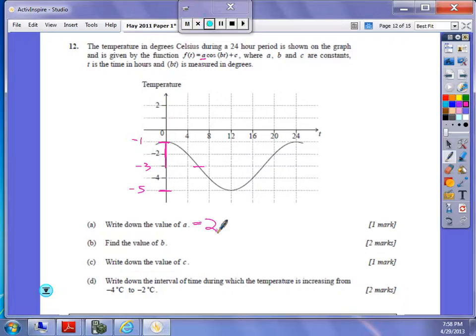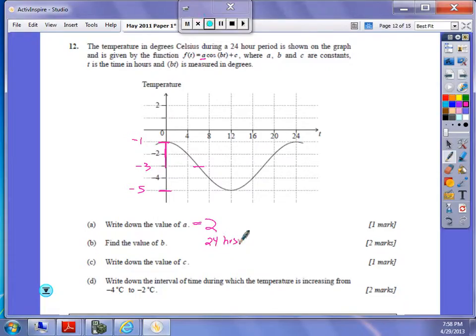Now b is the frequency of the graph, and it's related to the period. So if you remember that the period is the distance it takes to go one full cycle, we know that our period here is 24 hours.